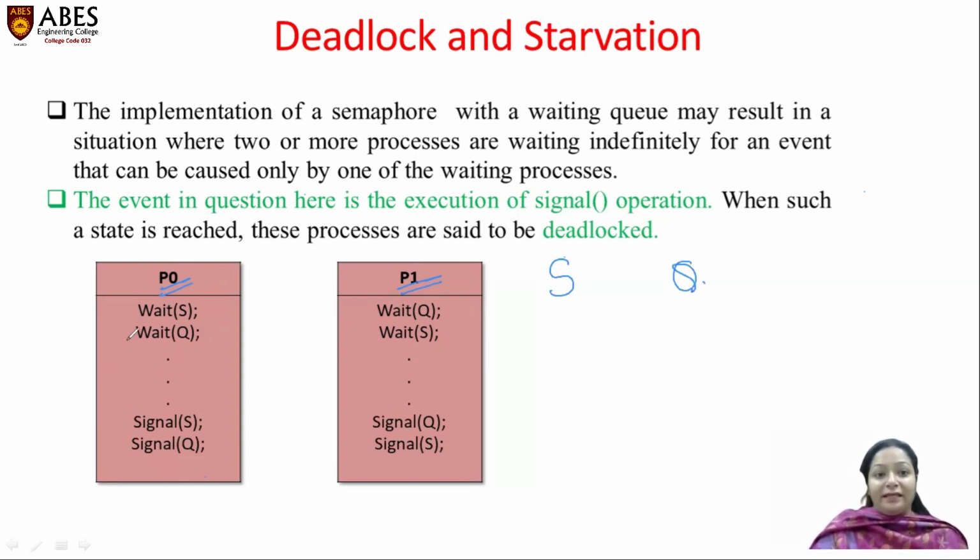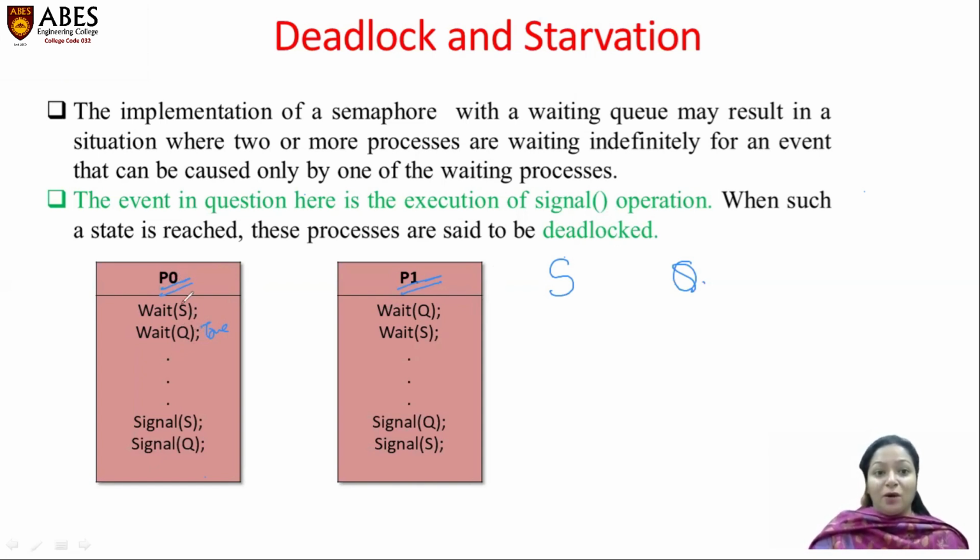Now in the next instruction, process P0 wants to acquire the lock using the semaphore Q, but the process P0 will not be able to come out of this wait condition. It will remain true for P0 because the Q semaphore is already occupied by process P1.